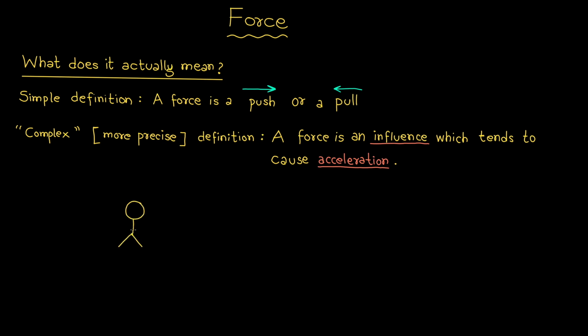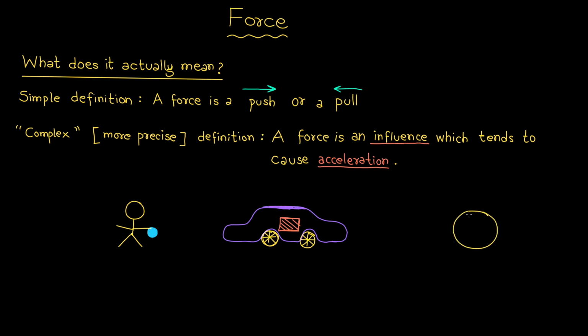Let's consider some examples. The first would be you lifting a mass, and I'm going to leave it up to you to guess what the name of the force is. The second would be a car, where the engine applies a torque to the wheels, and this torque causes the wheels to rotate, and then they in turn exert a frictional force with the ground, and this frictional force is what really causes you to move.